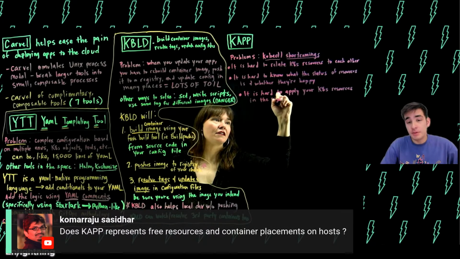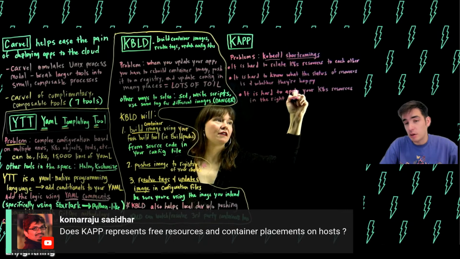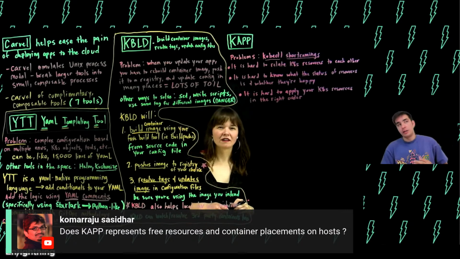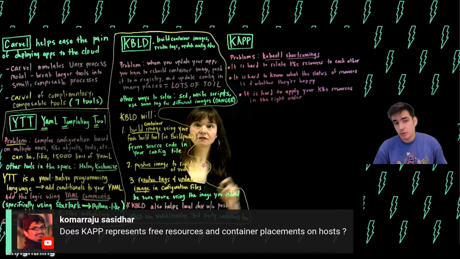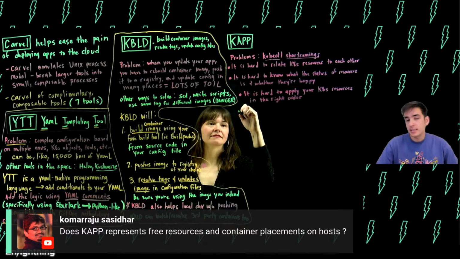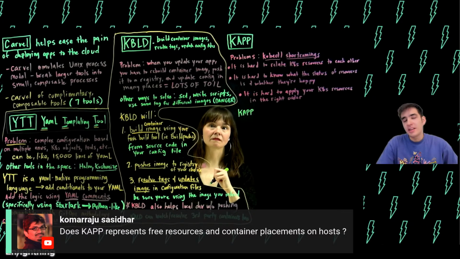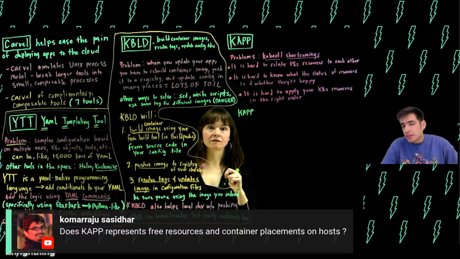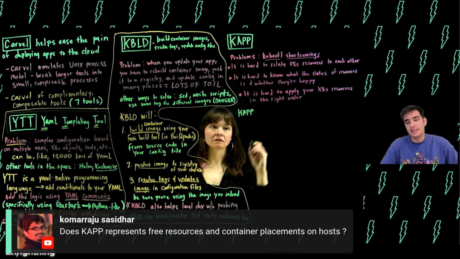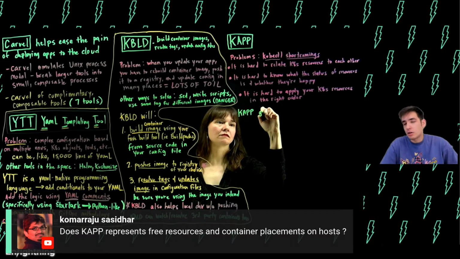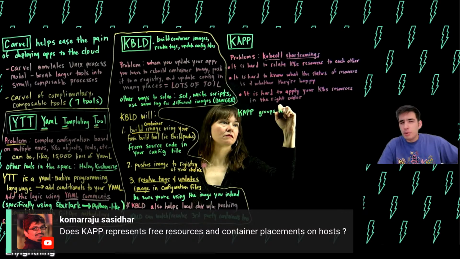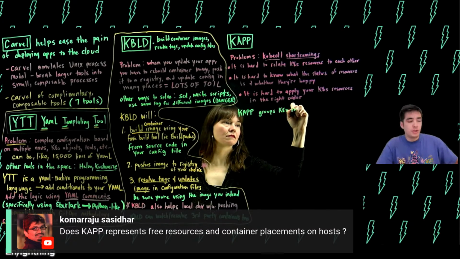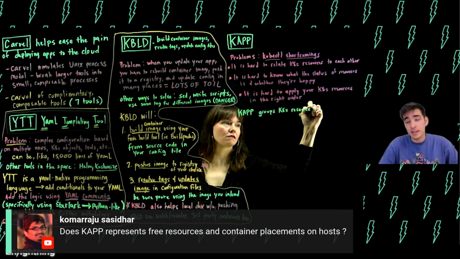So does Cap represent free resources and container placements on hosts? No. This part of the problem, if you are in a Kubernetes world, is handled by the Kubernetes scheduler. The way that you can print out what's happening here is with kubectl get nodes. You can also look at kubectl top, which will show you the utilization and saturation of your Kubernetes cluster.